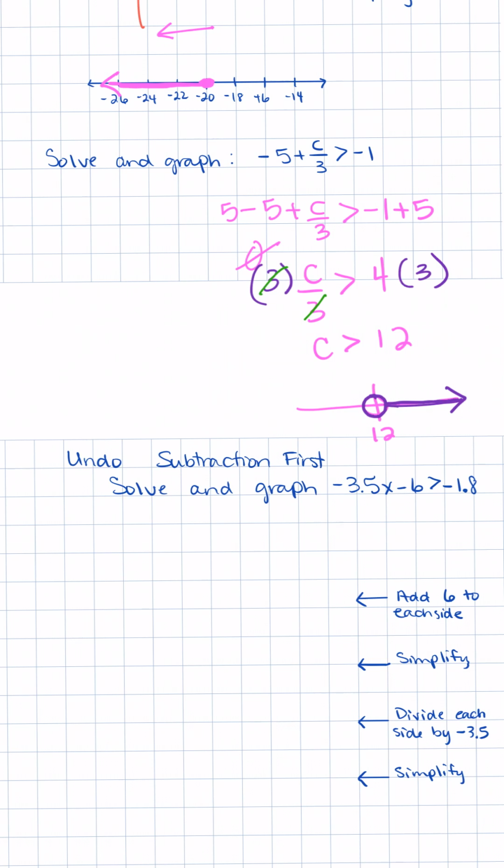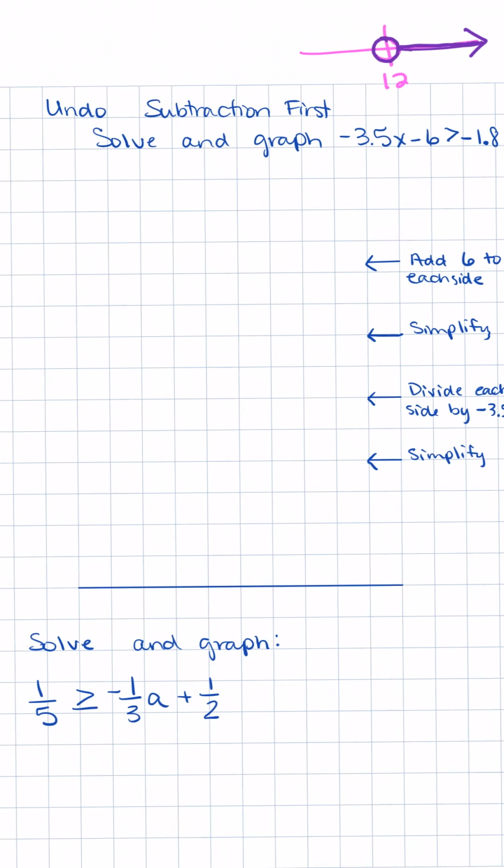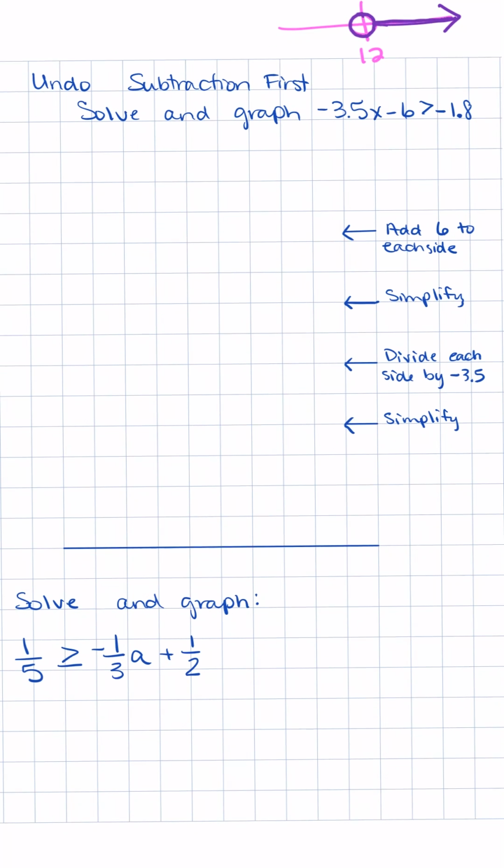Okay, so now we're going to look at undoing subtraction first and then solve and graph. So we have -3.5x minus 6 is greater than -1.8.